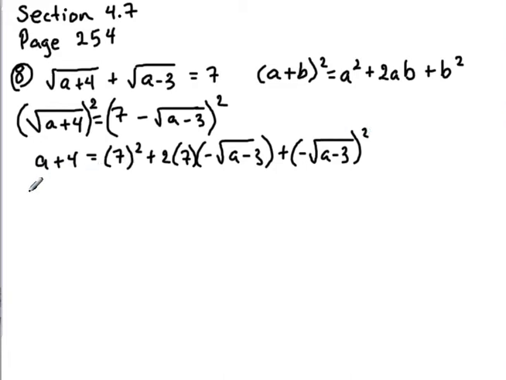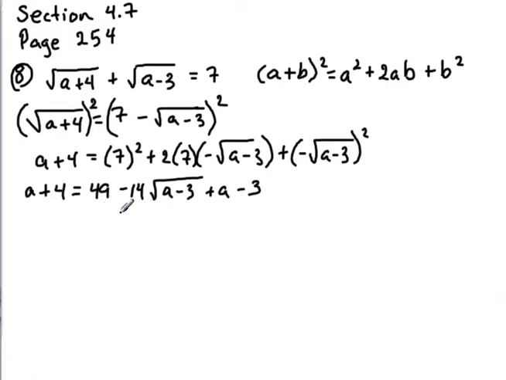So let's simplify that. We have a plus 4 equals 49. 2 times 7 times a negative is a negative 14 radical a minus 3. If you square a negative, it's a positive, and squaring a radical, those two cancel each other out, so I'm left with plus a minus 3.